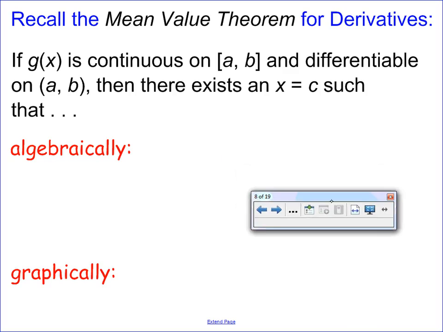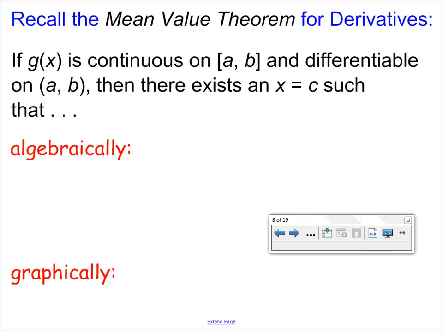All right, now let's switch gears for a minute, and we're going to develop the average value of a function. So I want you to recall the mean value theorem for derivatives. If g is continuous on the interval a to b, which we just had last unit, and differentiable on the open interval between a and b, then there exists an x equals c such that, algebraically and then graphically. What I want you to do is write down the algebraic conclusion while I draw the graphical conclusion.